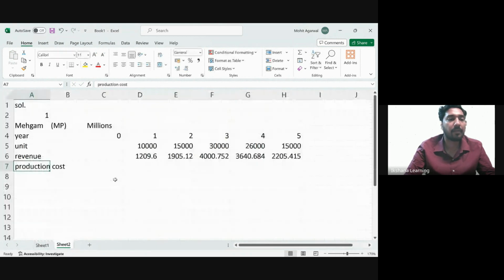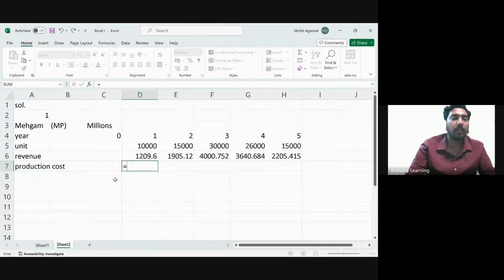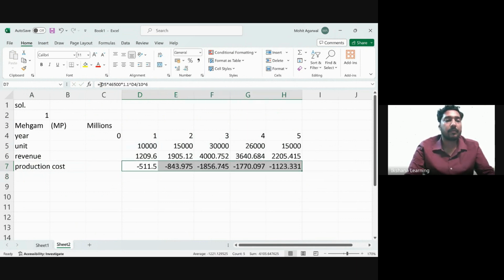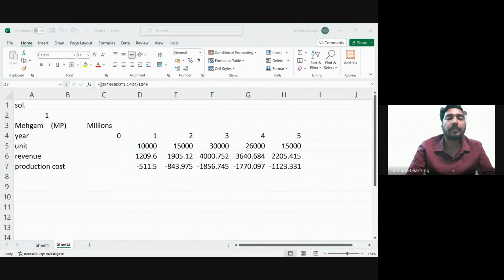So multiply 46,500 by 1.1 raised to the power, again divide by 10 to the power 6. Put a negative sign at the start as it's a cost. Correct. Done with this part.